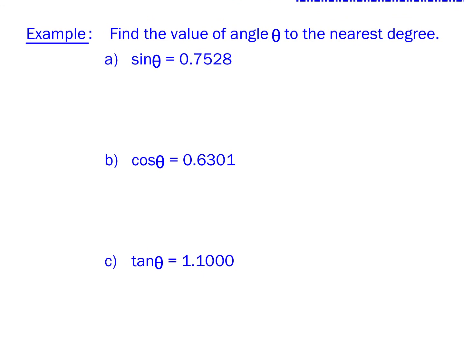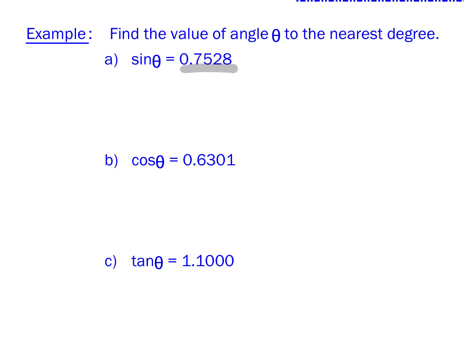So here we want to find the value of angle theta to the nearest degree. So on our calculator, we're going to be using the same functions, sine, cosine, and tangent, with a twist. So most calculators, you'll type in the number first, so like the 0.7528, and then you would type in sine. But today we're going to do it a little bit different.